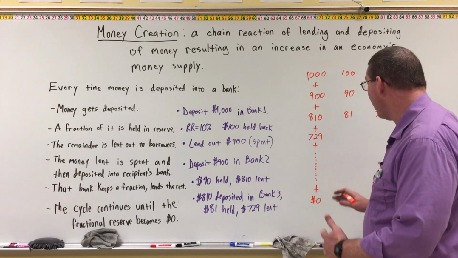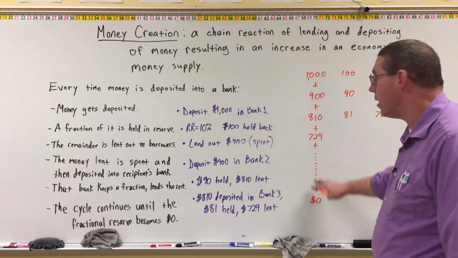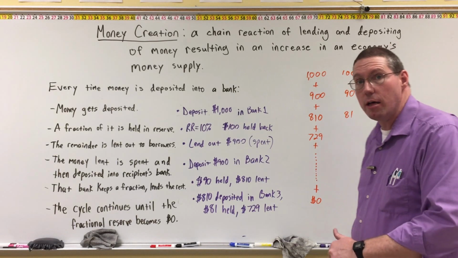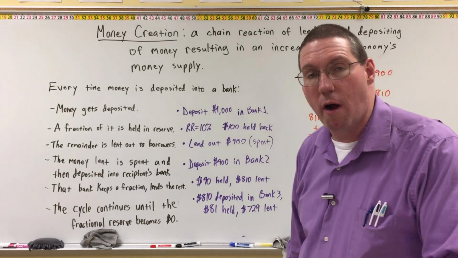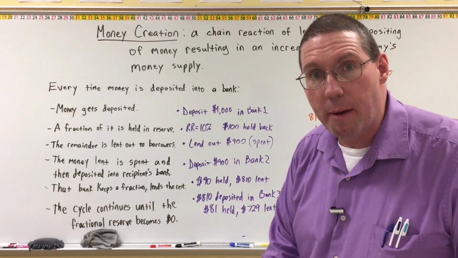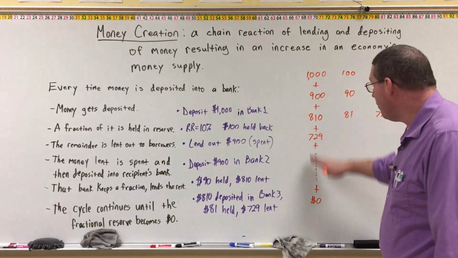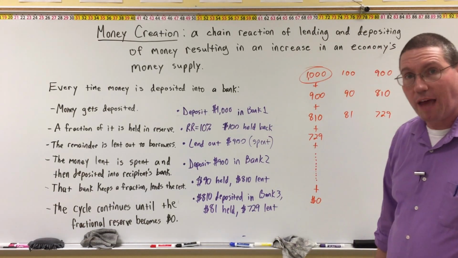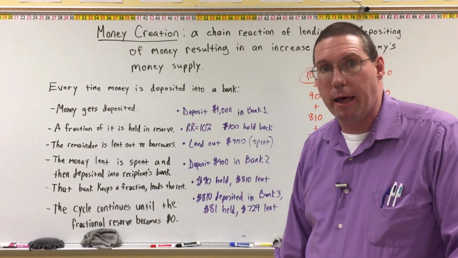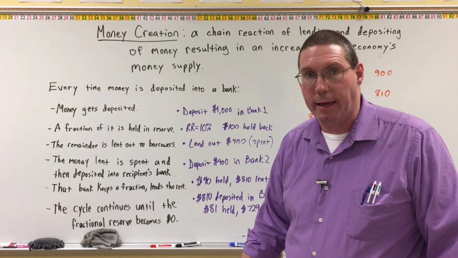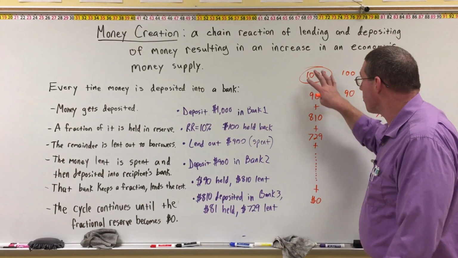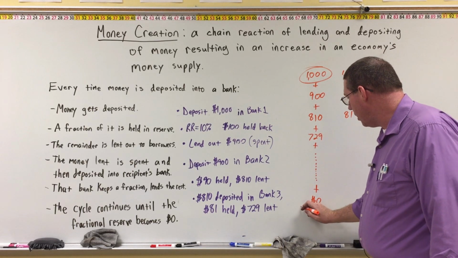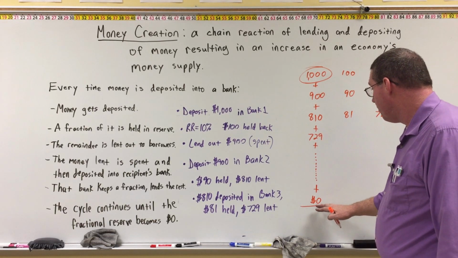And what I want to tell you is this, there's a way of calculating the total amount of deposited funds. And because deposited electronic money is included in the money supply, all of this money is now in the money supply. Initially, all we had was $1,000 in the money supply deposited into a bank. That $1,000 in currency has now become a lot of money in electronic money.